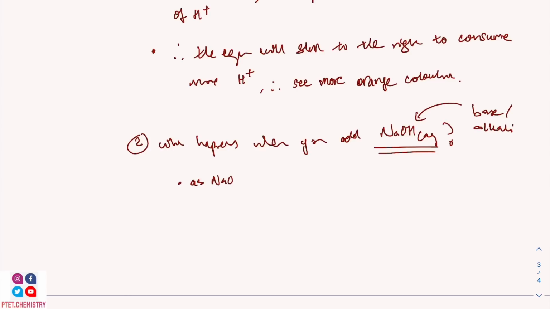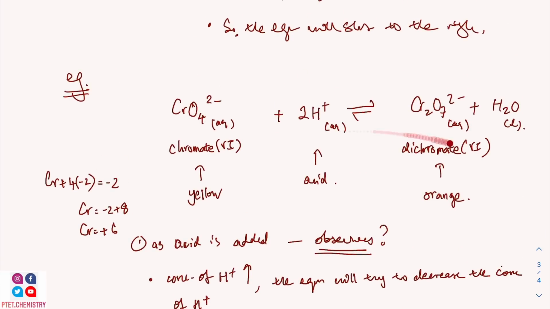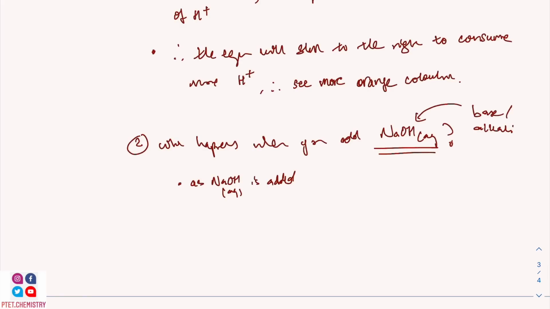As NaOH is added, aqueous, so this is a solution mixture. The solution mixture contains this equilibrium. I add in OH minus to this solution mixture. Then what will happen? It will react with, or you can say it will neutralize, the H plus.